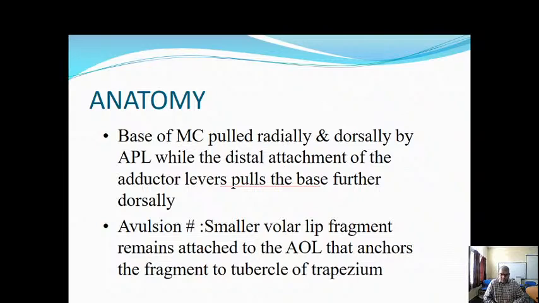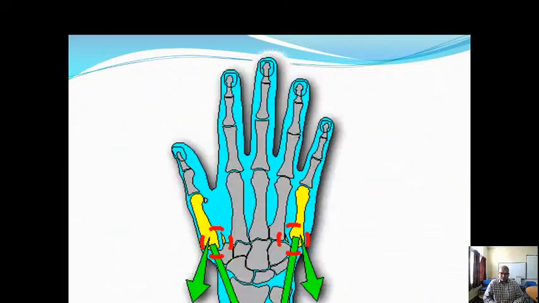The anterior oblique ligament anchors the volar lip fragment to the tubercle of the trapezium, so the fragment is attached to the trapezium by the anterior oblique ligament, and the rest gets avulsed from the base of the first metacarpal.